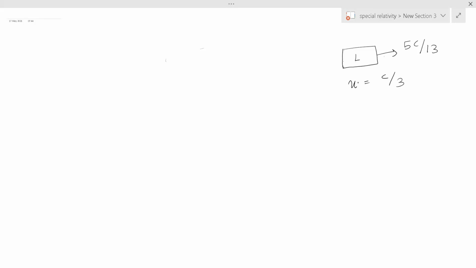We can write u with respect to train, I'll write it as ut. Velocity of ball with respect to train is c by 3. Is this clear? So from the train, the ball is thrown at a speed c by 3.